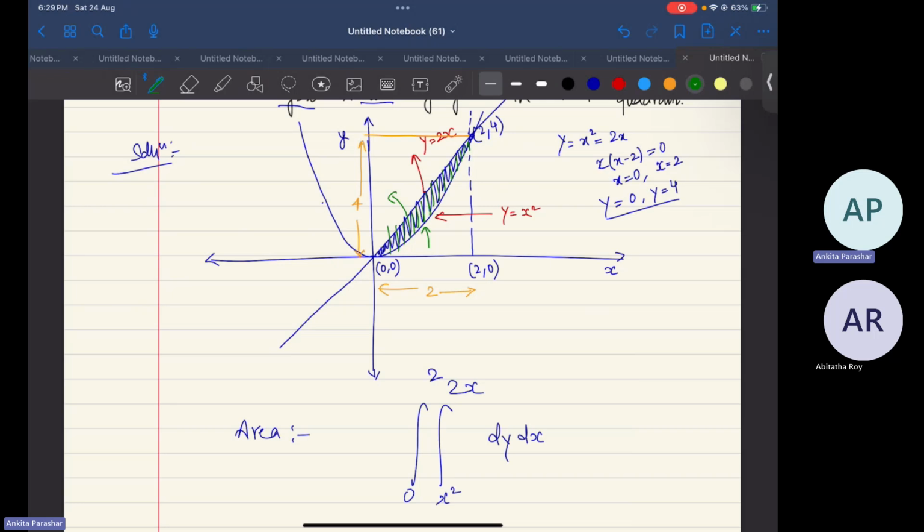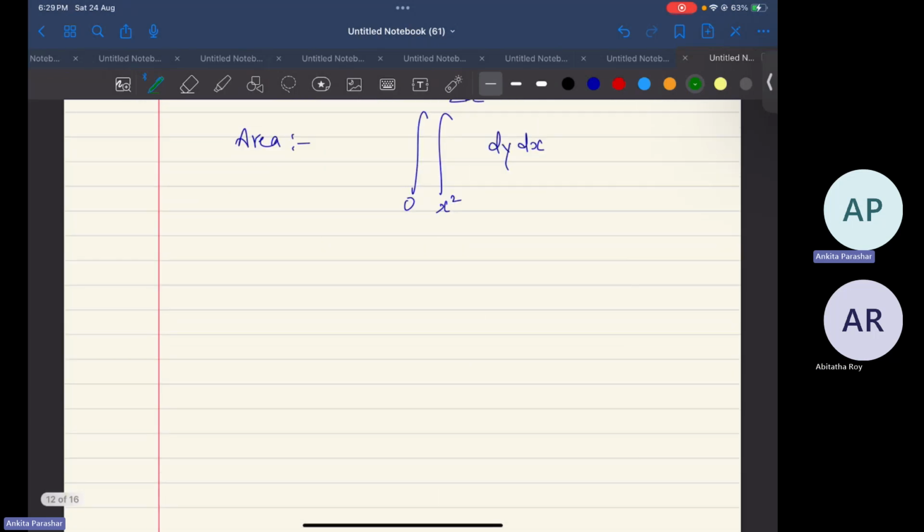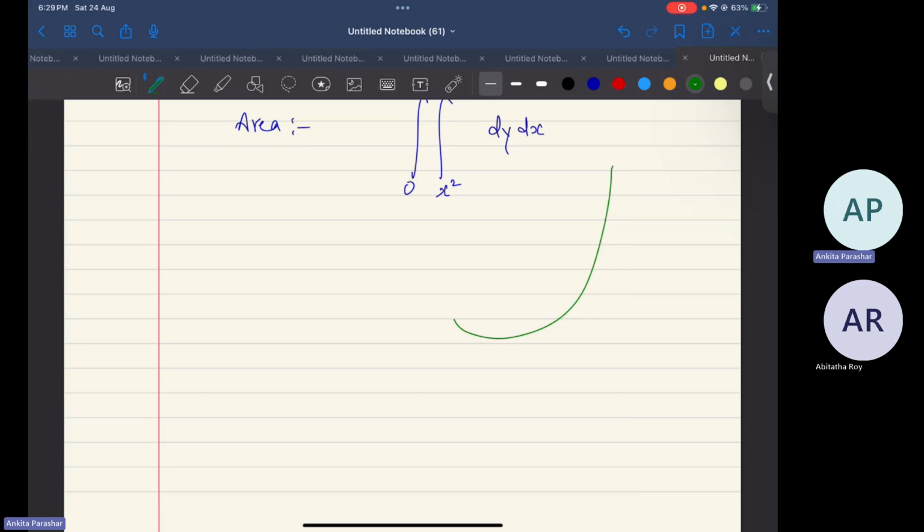So it's pretty simple. And of course I can visualize the same graph as type 2, because only two curves are bounding the region. One is this, one is this.